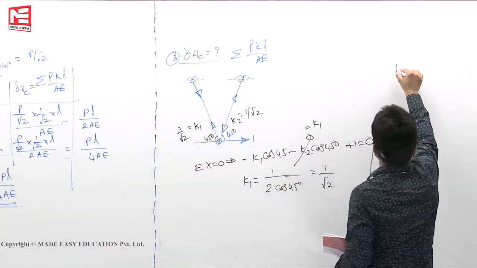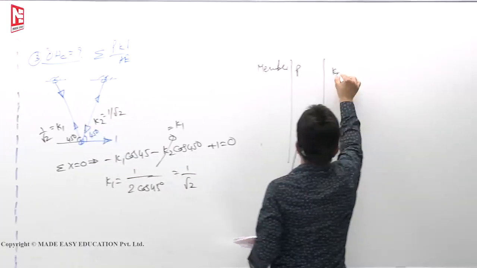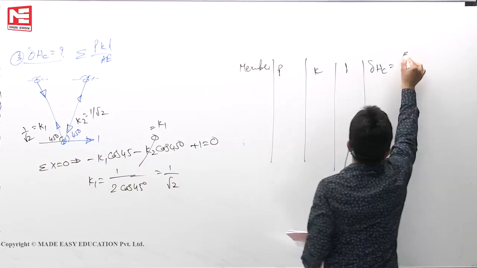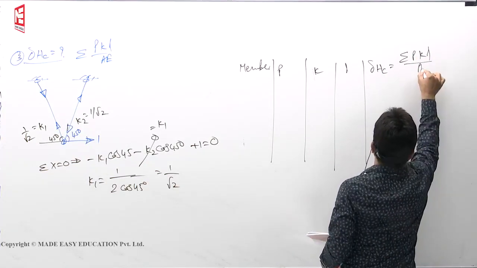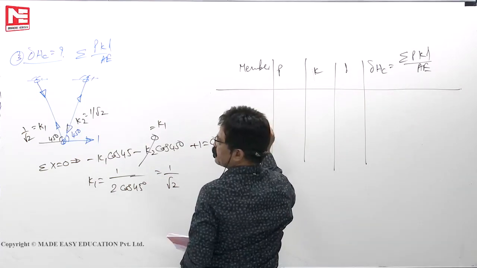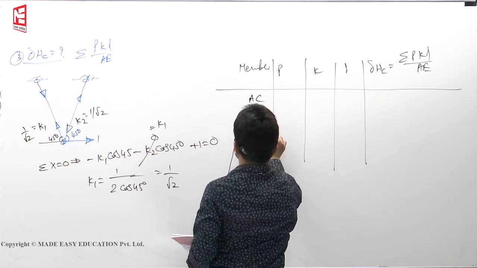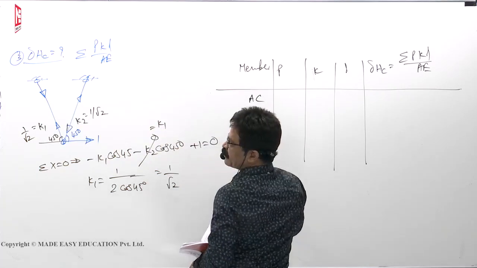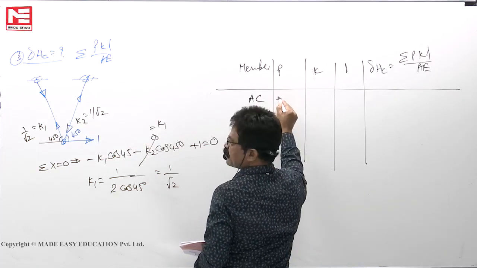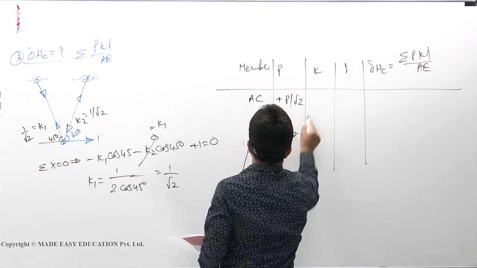Now the table with member, P, K, L: delta horizontal deflection at C is the summation of PKL by AE. So member AC, member CB. For the AC member, both of them are under tension. P value is plus P by root 2, and this also plus P by root 2.